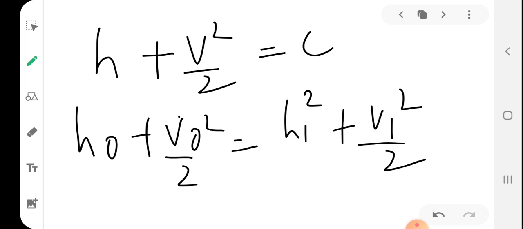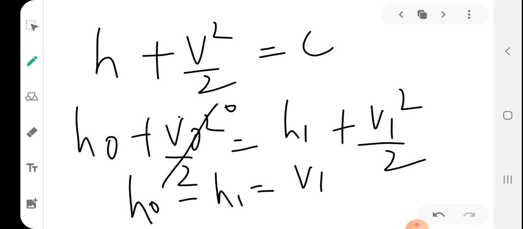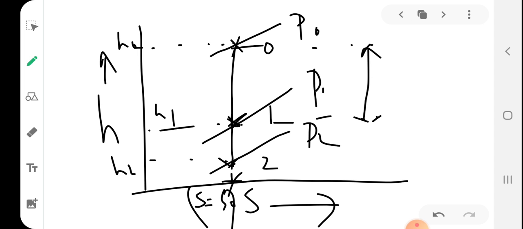Since V0 is 0, as it is the reservoir or stagnation condition, H0 minus H1 equals V1 square by 2. So you can mark here, this is H0, this is H1, and this difference is nothing but V1 square by 2, right?